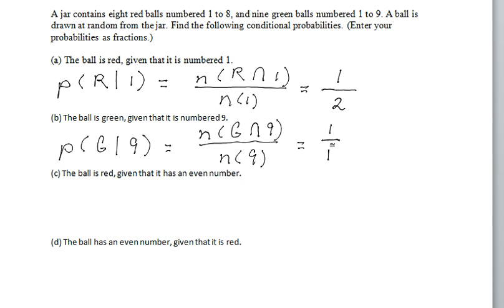It happens to be green. So we get 1/1 or 1. So we have a 100% chance, certainty, that the ball is green if it is numbered 9. Part C, what's the probability that the ball is red given that it has an even number?